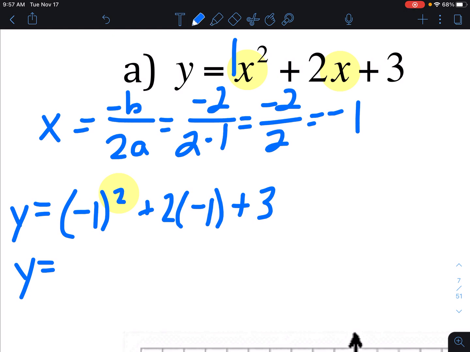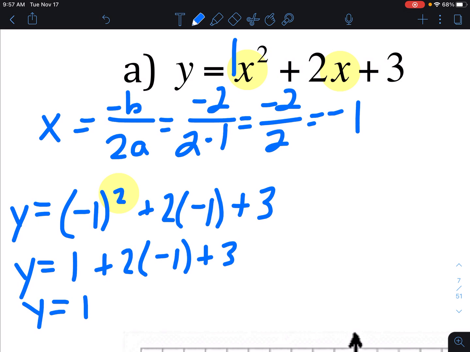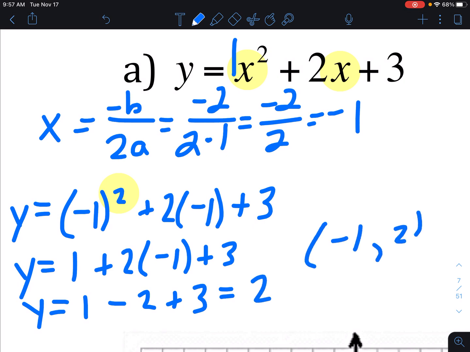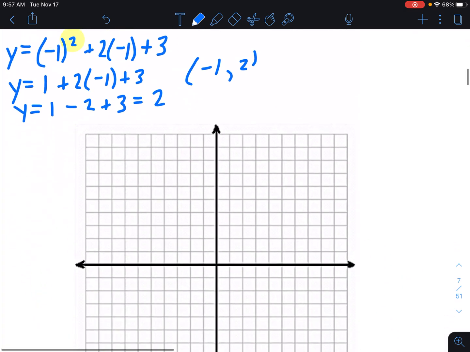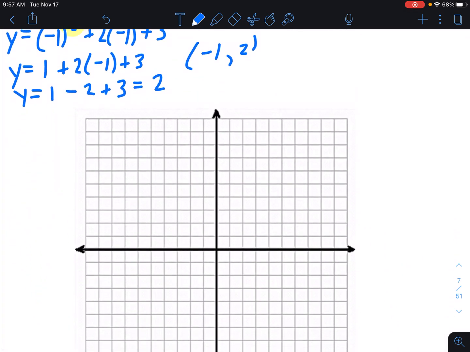So negative 1 squared would be 1. And then you can multiply to get minus 2. And then add those numbers together and get 2. So your vertex is negative 1, 2. So we're going to plot that point.